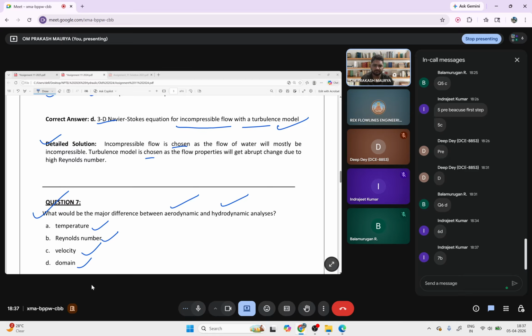Seven B means Reynolds number. Okay, nice. So here you need to just write the difference. Just think the difference of aerodynamic and hydrodynamic analysis. Analysis means you are going to solve the problem of aerodynamics, that is the flow around your aeroplane. Hydrodynamic means flow in pipe, flow in channel, that kind of thing.